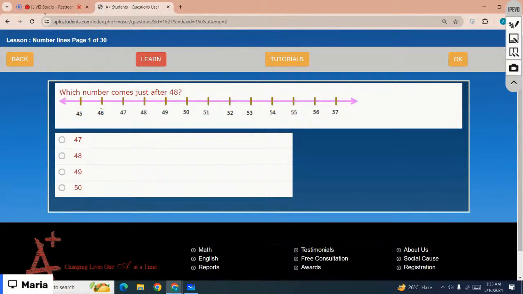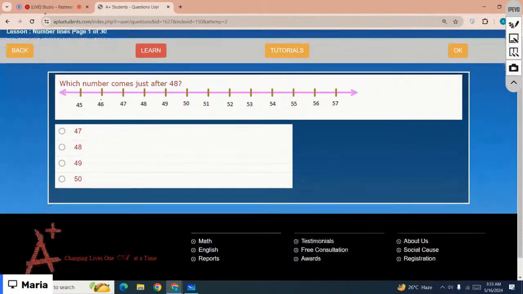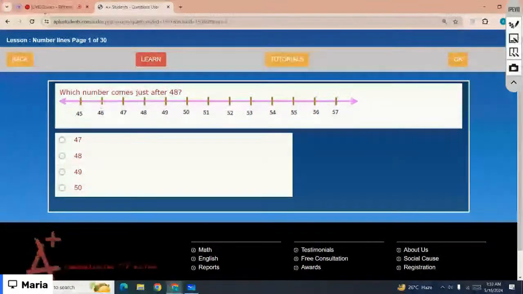Okay, so you have 48. Right after 48 you have 49. So after 48, you have 49.